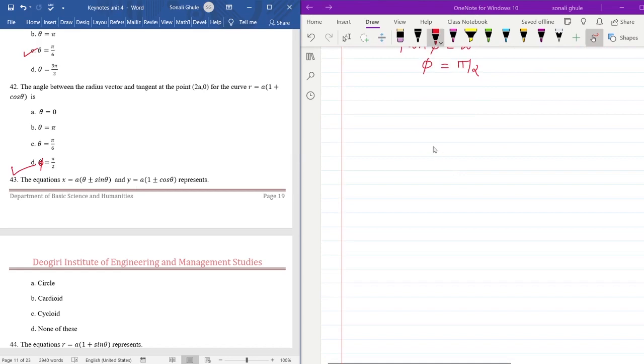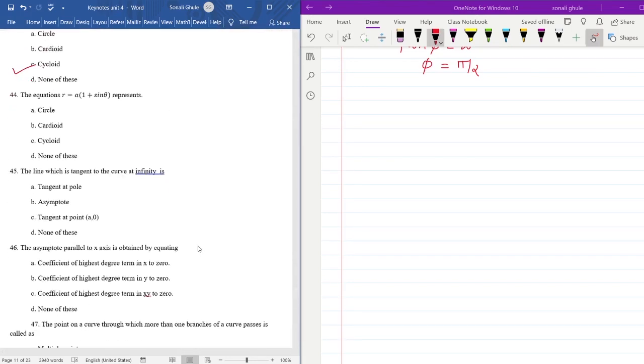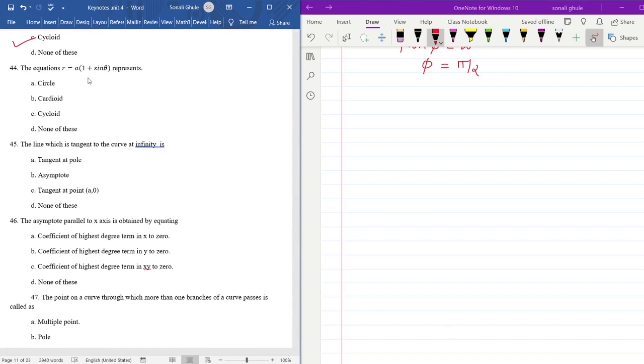Now next, the equations. Remember, these are the cycloids and this represents the cycloid. Next one is the equation r is equal to a in bracket 1 plus sin theta. It is a cardioid. The line which is tangent to the curve at infinity is called an asymptote.